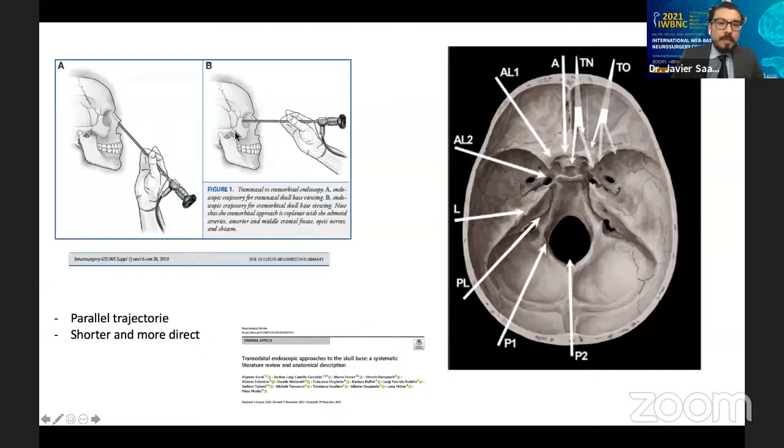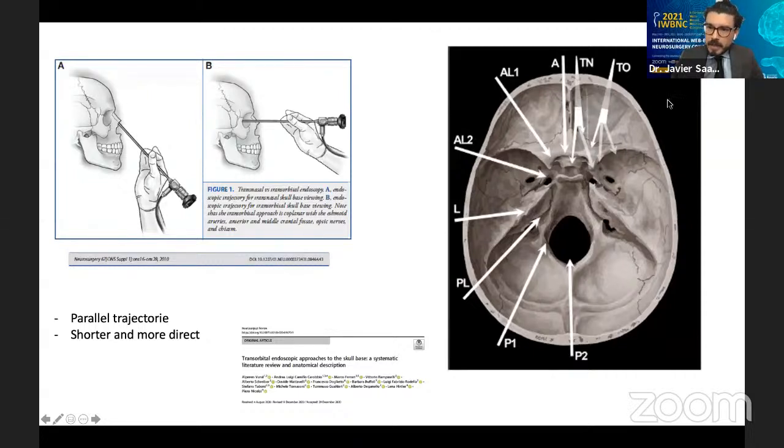So Dr. Moe realized the advantages of this technique. She saw that the trajectory, the angle of vision, was more favorable. It was almost parallel to the main axis of the orbit, and the trajectory was shorter and more direct to treat lesions that are all around, adjacent to the medium skull base.